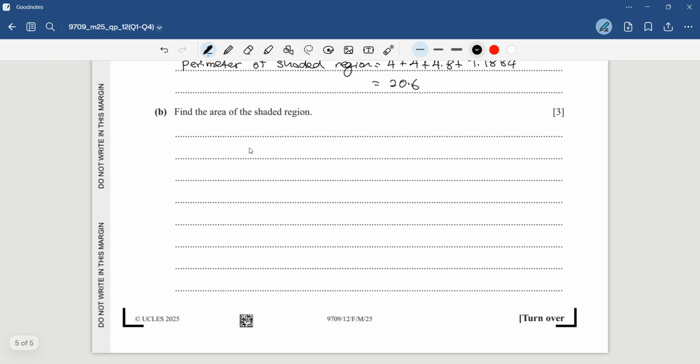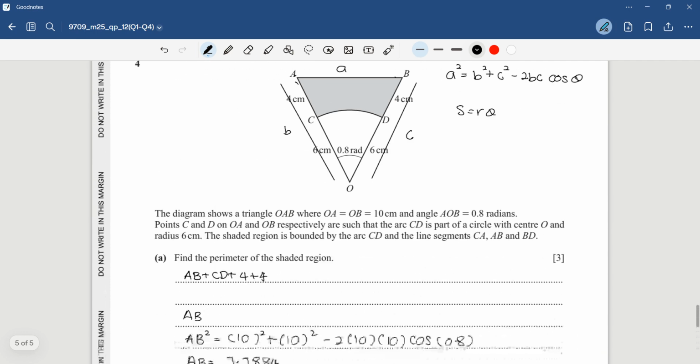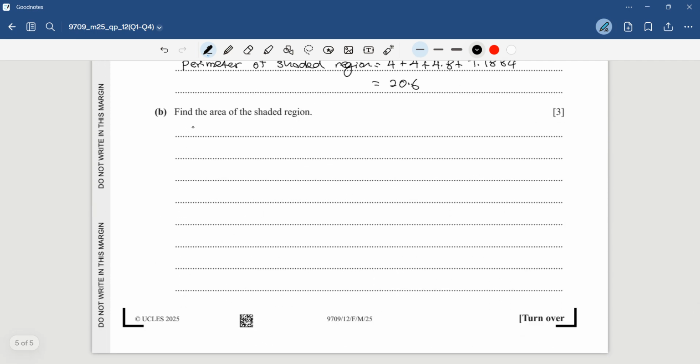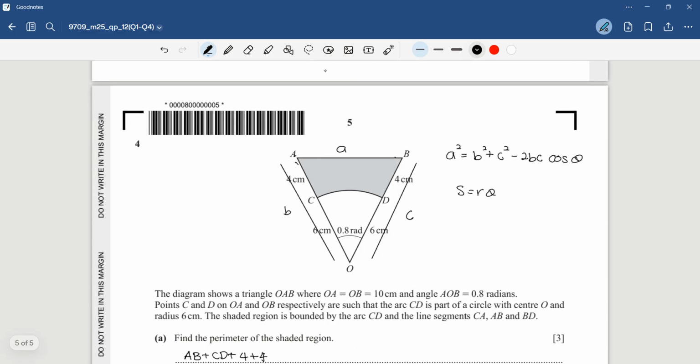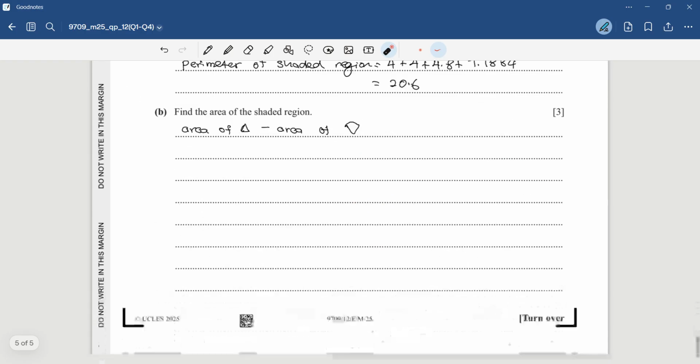And for B, find the area of the shaded region. For the area of the shaded region, how do we do it? I'm going to find the area of triangle minus the area of sector. So this whole thing is the area of triangle, minus the area of sector, and you'll get the shaded region.